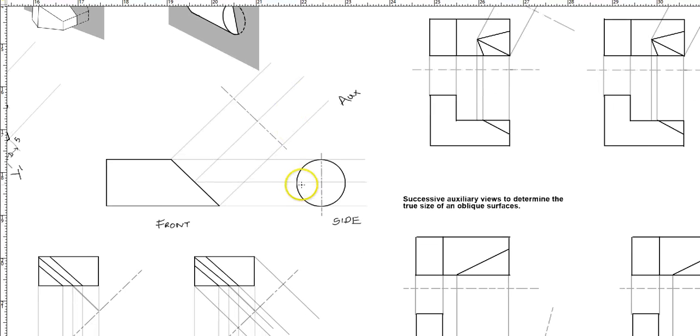So let's go on with this one. First step is identifying the angle that we are going to look in. Second step, we do our center reference plane line here and here. The third step now is transferring the dimension.